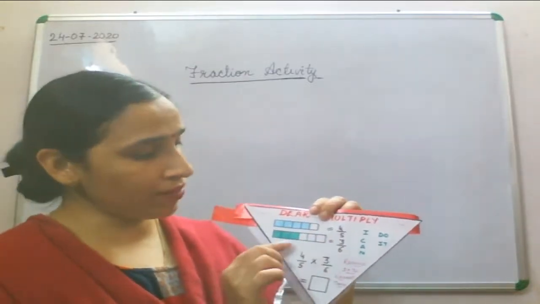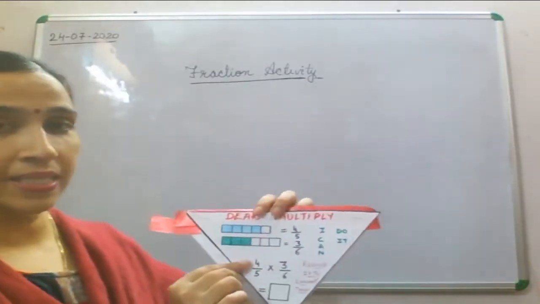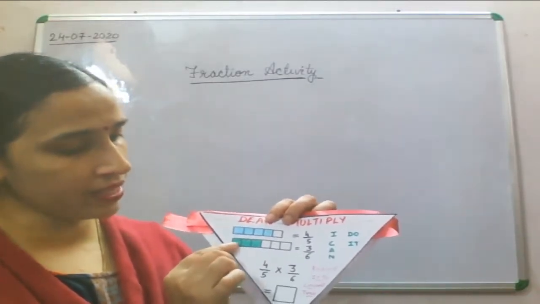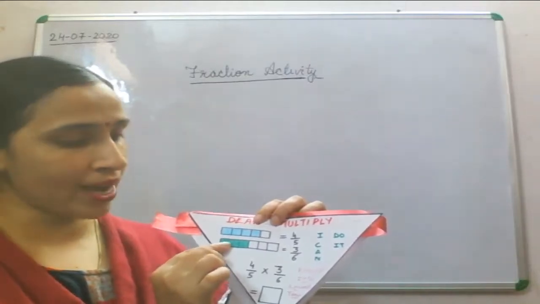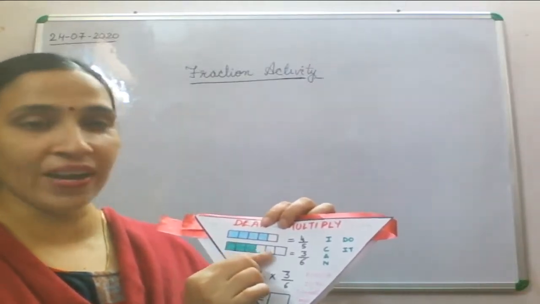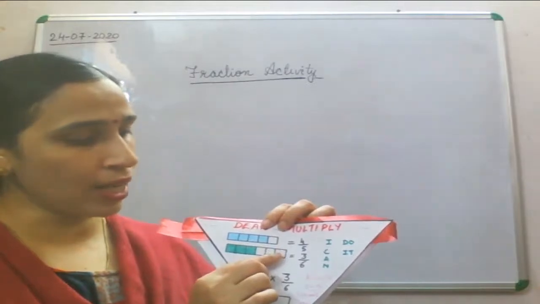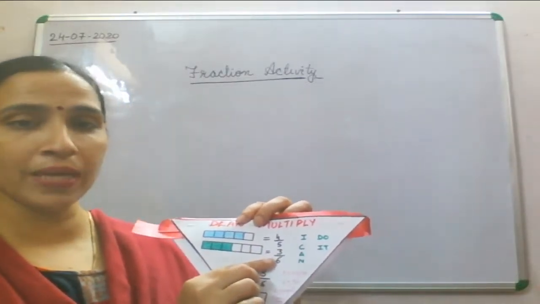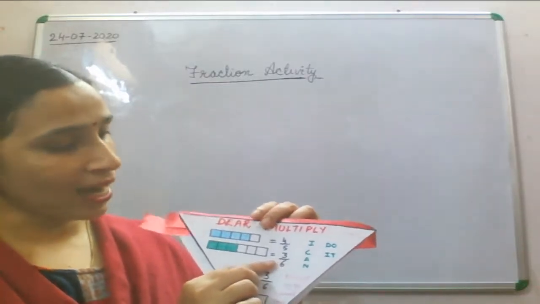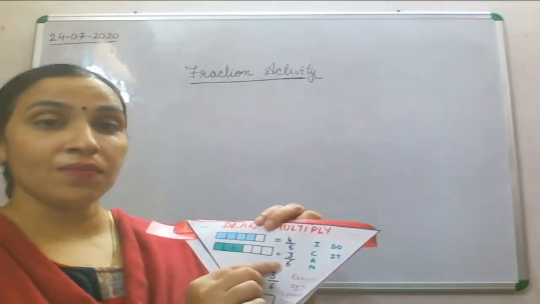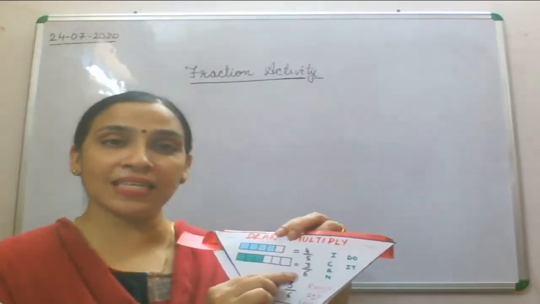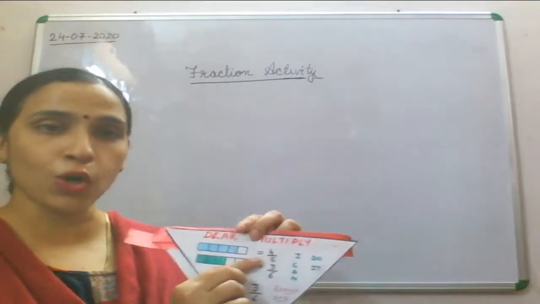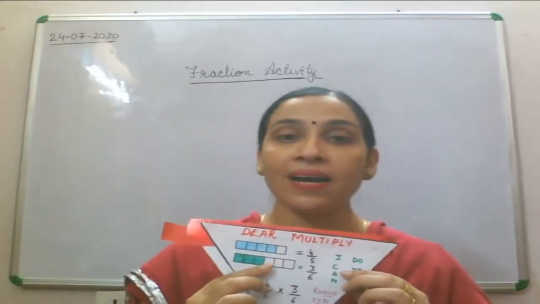Next I have taken 3 by 6, which means I have taken 6 equal boxes here, 1, 2, 3, 4, 5, 6, and out of 6 I have shaded 3 boxes. So the fraction becomes 3 by 6. Now because we were doing multiplication, as I said, dear multiply, we will do the multiplication of 4 by 5 by 3 by 6.